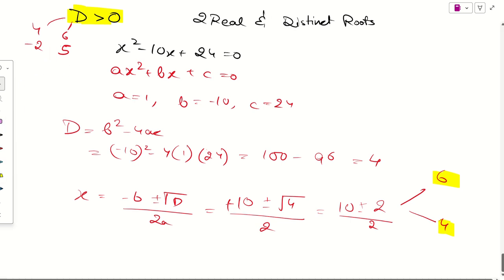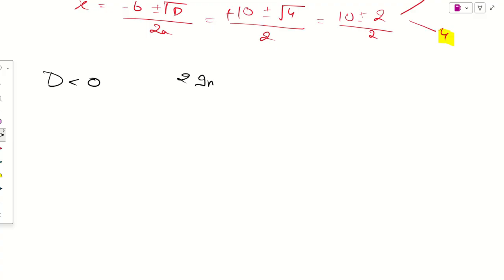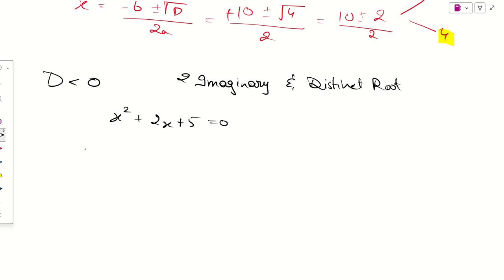Okay, so if we have D less than 0, here you will have two imaginary and distinct roots. Let's take one example: x square plus 2x plus 5 equals 0. Here first we have to find D. D is your b square minus 4ac. B is 2 here, a is 1, c is 5. Here you have 4 minus 20, which is minus 16.